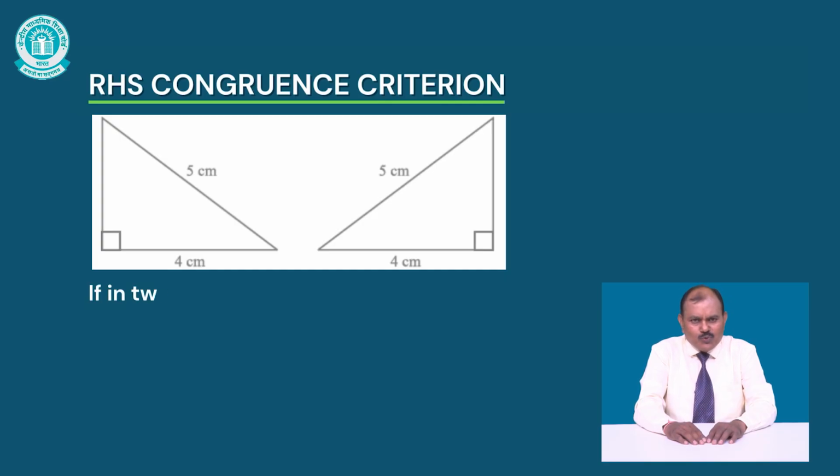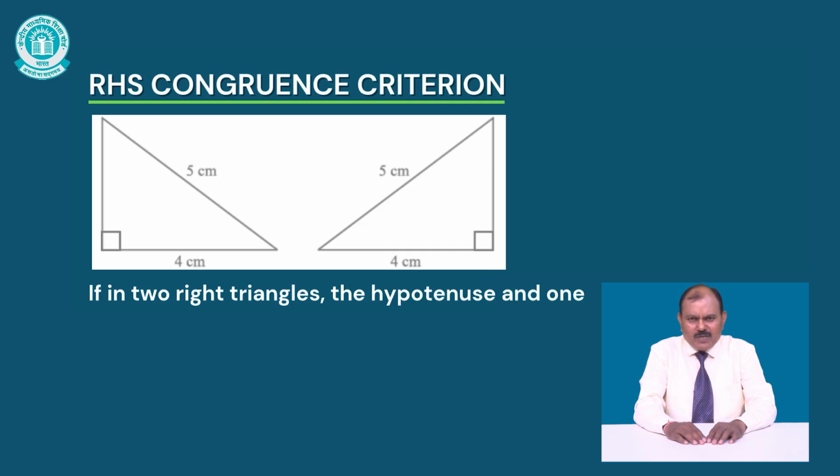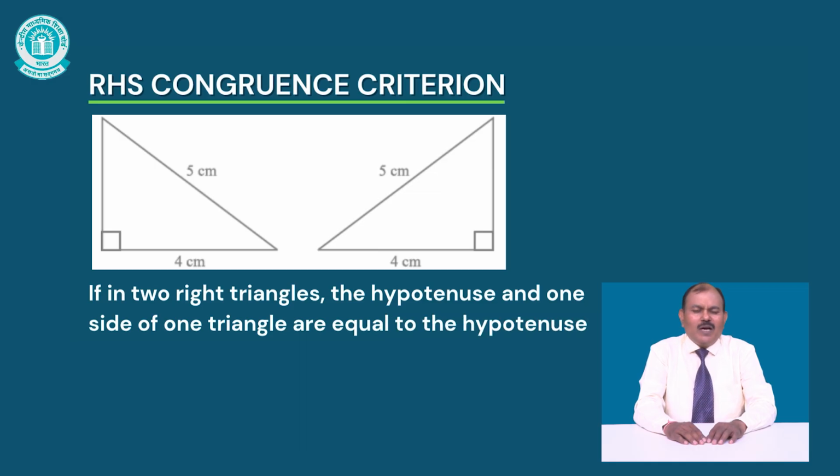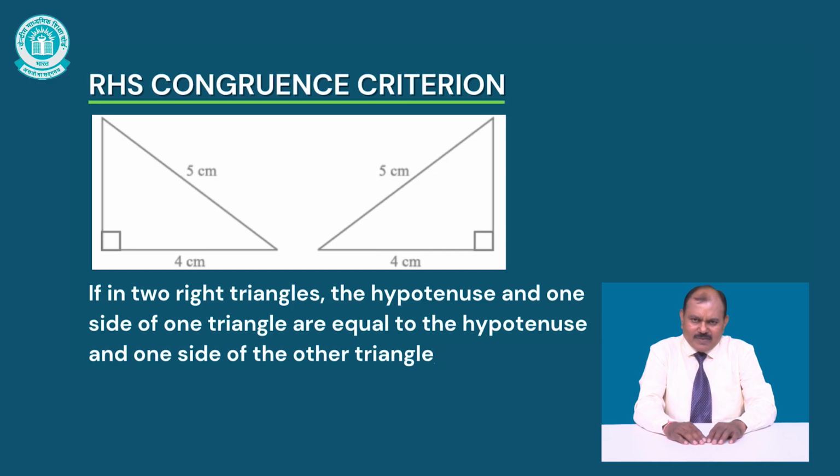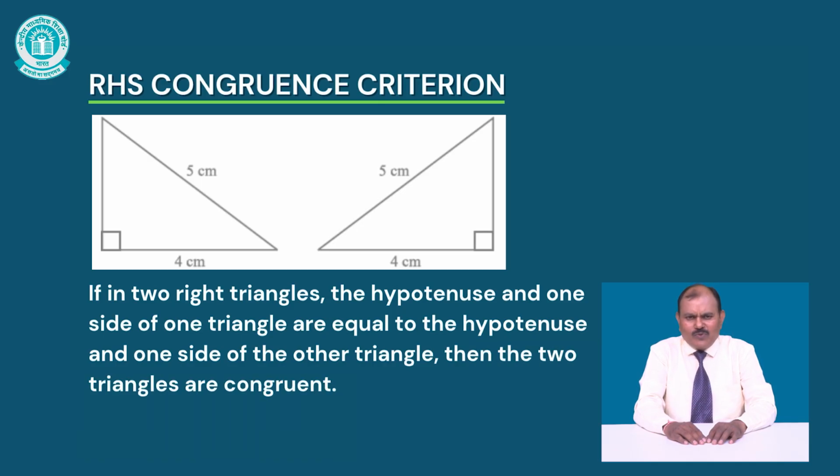If in two right triangles, the hypotenuse and one side of one triangle are equal to the hypotenuse and one side of the other triangle, then the two triangles are congruent.